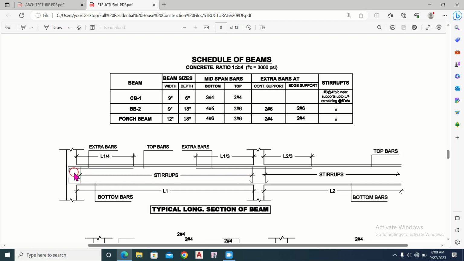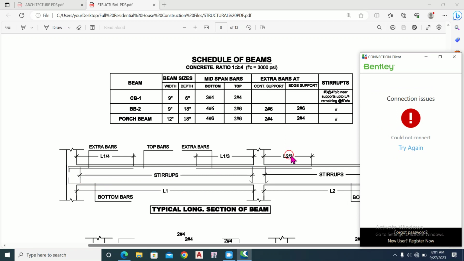So at the edge, this is the main reinforcement at the top, and this is the top bars, and here this line from here to here is L by 4, and this is the top negative bars at the edge, and it has to be provided as 2 number 6 bars, this one from here to here, and this is the bottom bar.